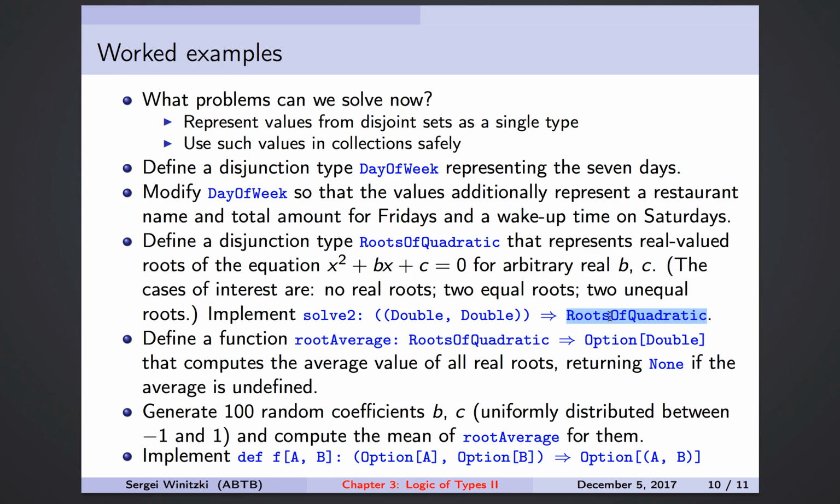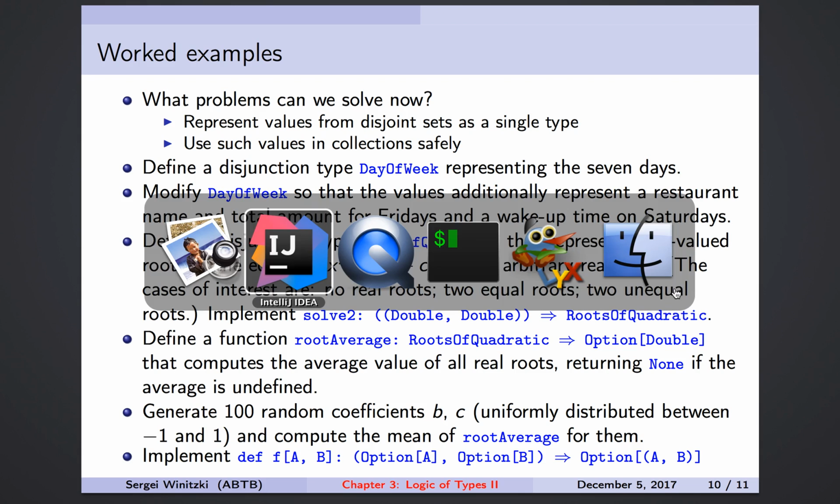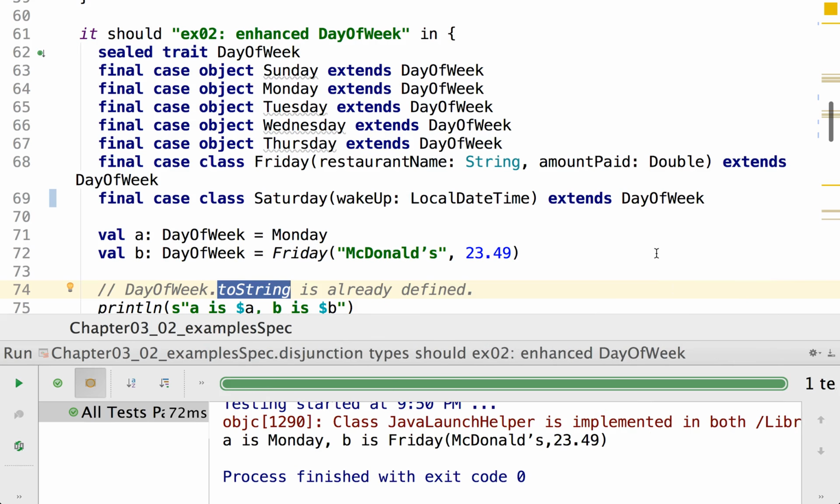And that value represents a disjunction of these three cases: no real roots, two equal roots, two unequal roots. And conceptually, this is easy to think about. You call this function, you get the value, and then you can match on it and see what the situation is if you feel like it. How do we implement that? Let's take a look.